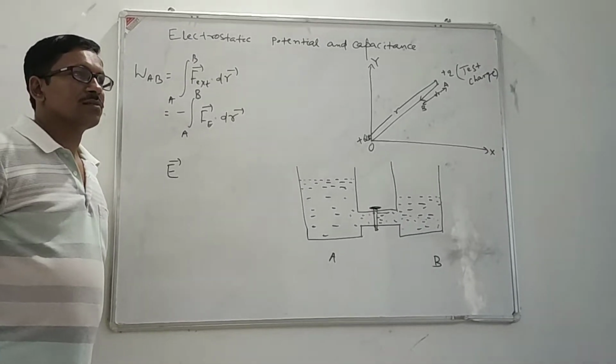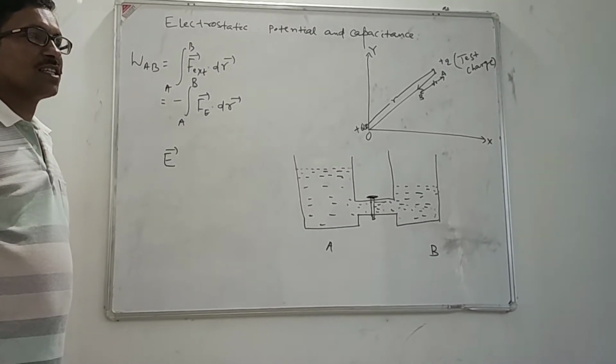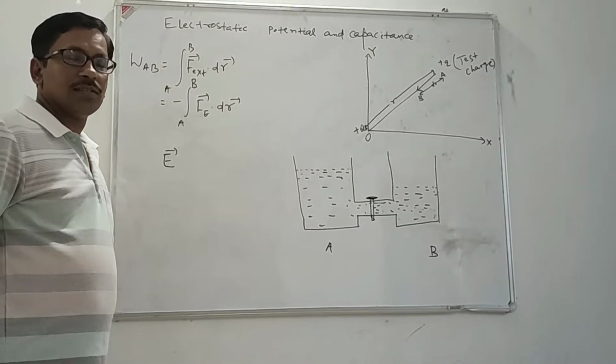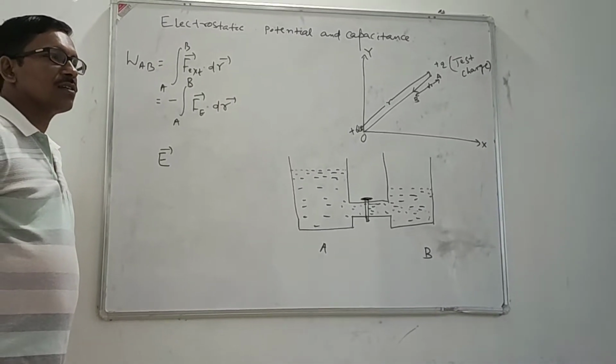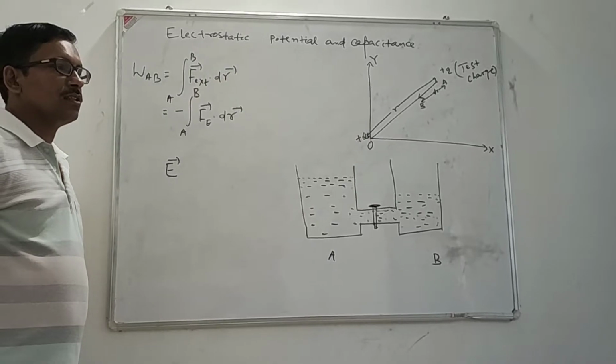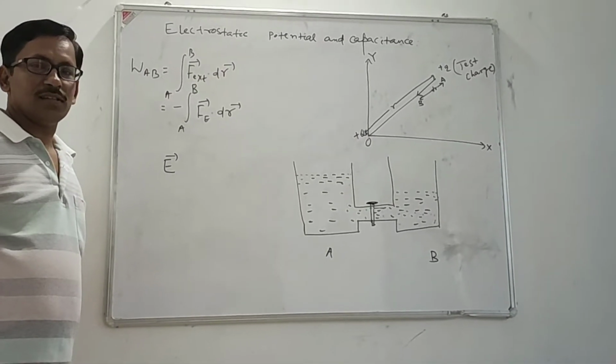In this chapter we will represent the electric field by using a scalar quantity called electrostatic potential.